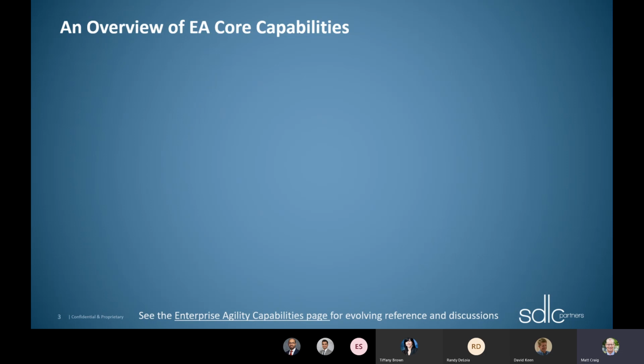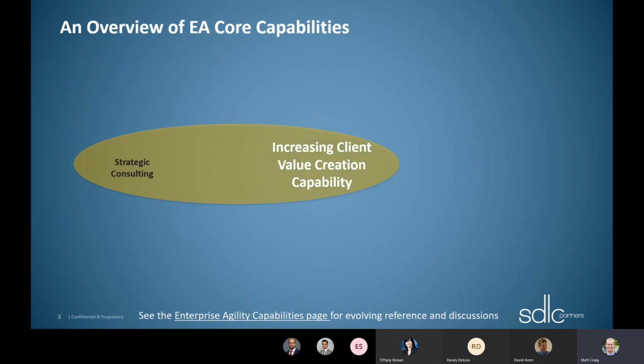We have 8 primary or core capabilities that we leverage and integrate to offer those services. I'm going to work through them in reverse alphabetical order, I think. First, increasing client value creation capability is at the heart of our mission. Then strategic consulting comes into play, and I won't summarize these now because we'll summarize them on the subsequent slides.